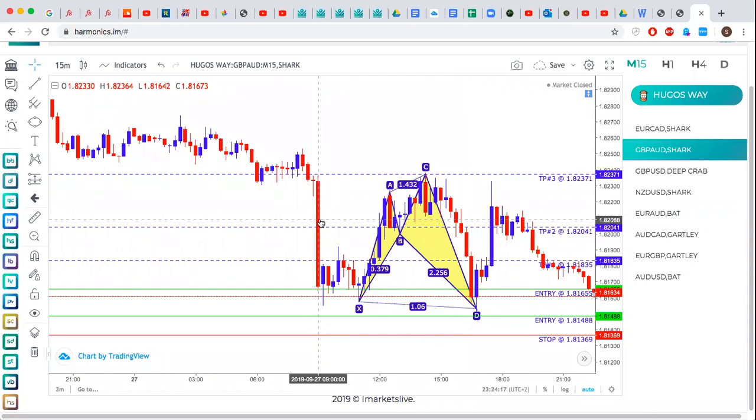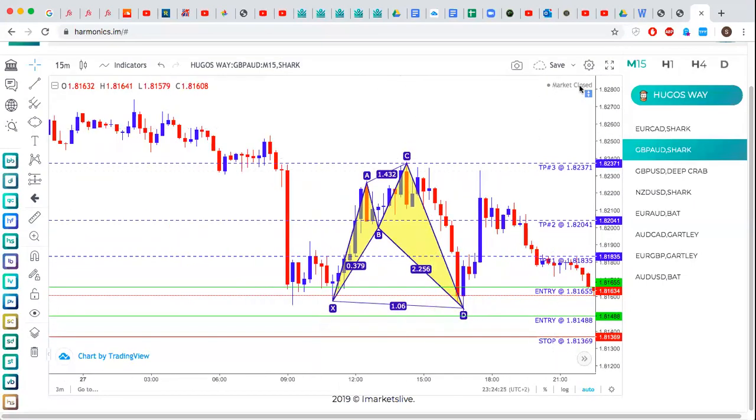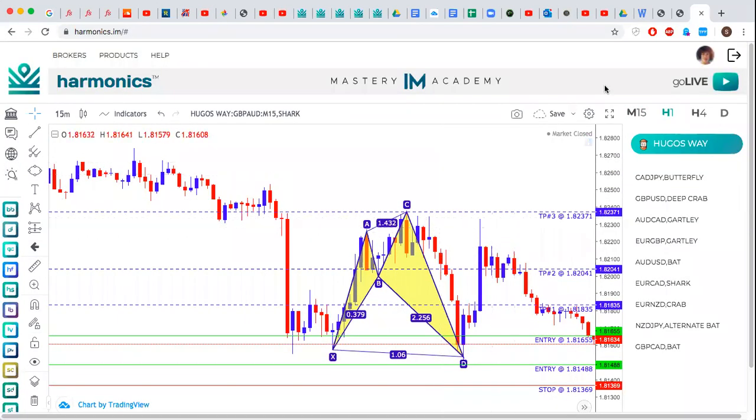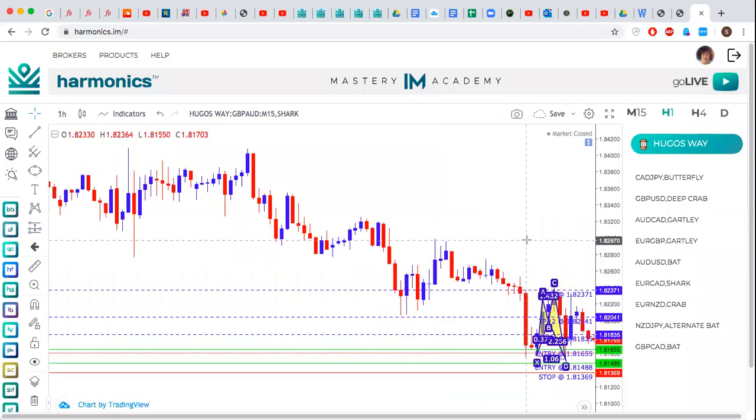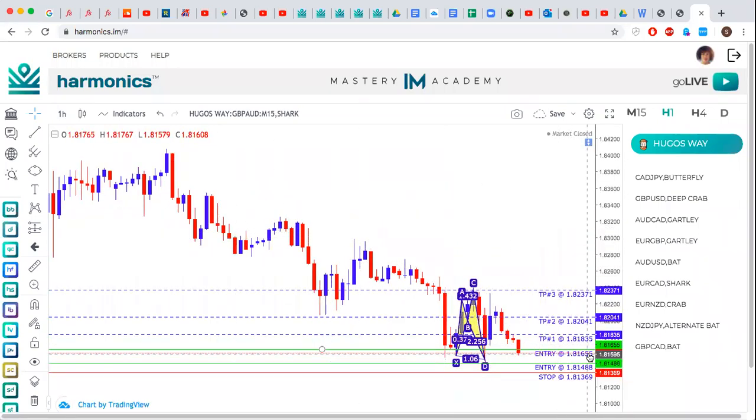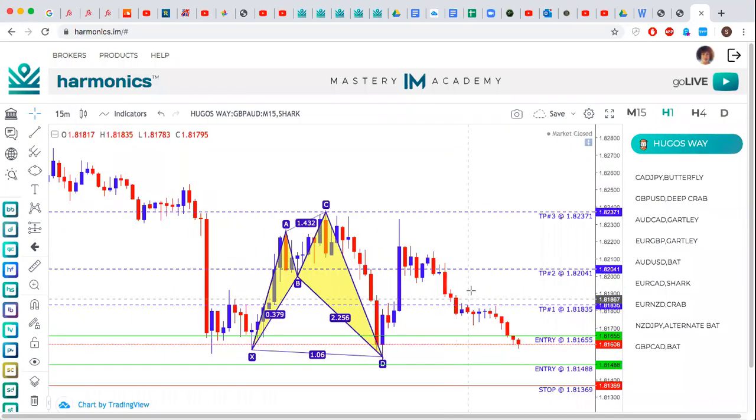I was on a sell, but then I saw that. But if you look at the bigger picture, it's a sell. It is still going down. It's a down pattern. With harmonics, sometimes it is basically the retracement.